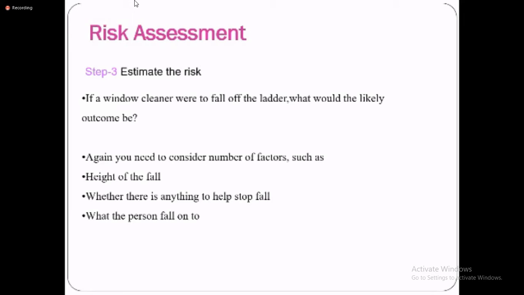Fall from height: if somebody climbs up using this ladder to clean the windows, and there is a fall from height, what would be the consequence? Will it end up with a minor injury, first aid, a minor finger cut needing a plaster, or maybe a lost time injury of one to two days, or maybe a fatal injury? Likewise, the severity will be different.